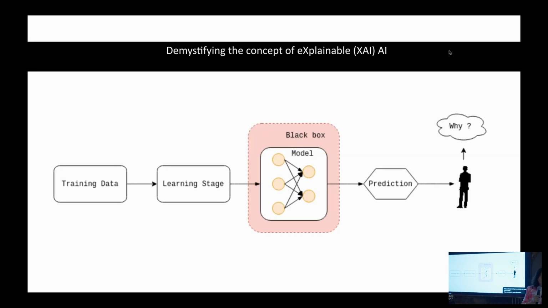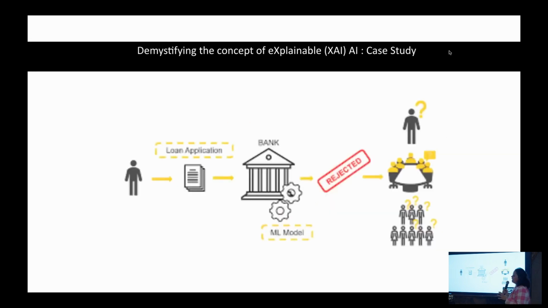So let's go further. We'll take a small case study. Let's say there's a person named Sarah. She applied for a bank loan application at Bank of Ireland, and the Bank of Ireland was working with some third-party organization to build their ML models for them. And what happened was Sarah's loan application was rejected.